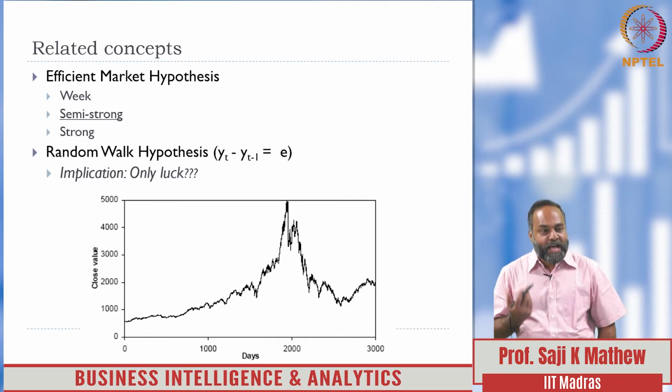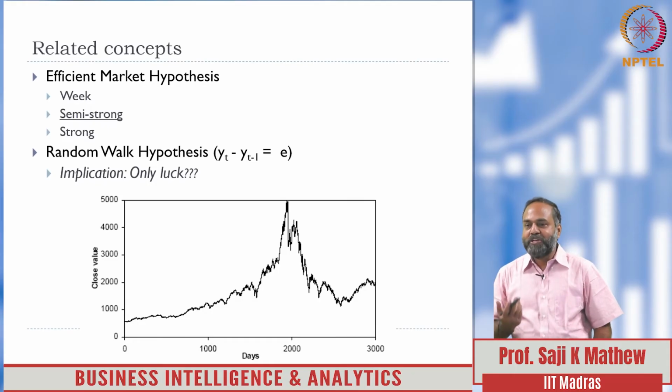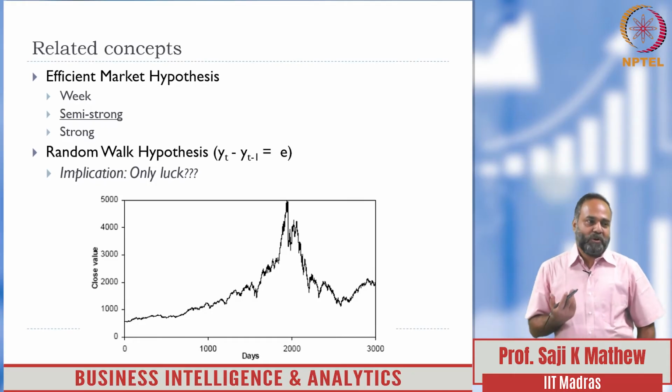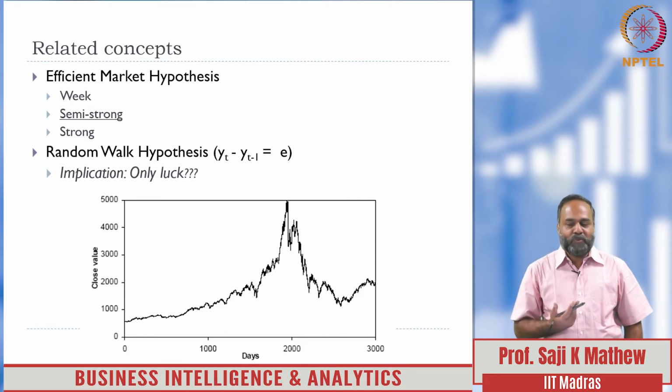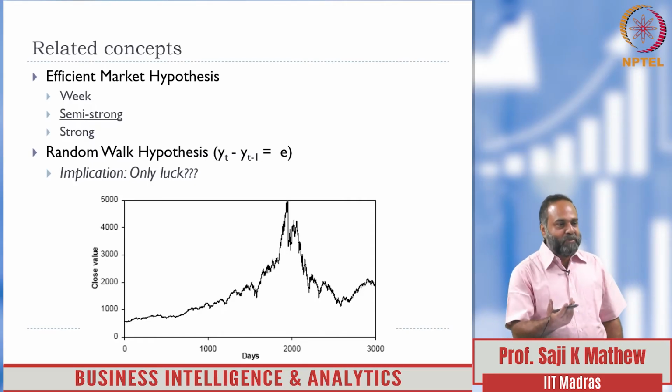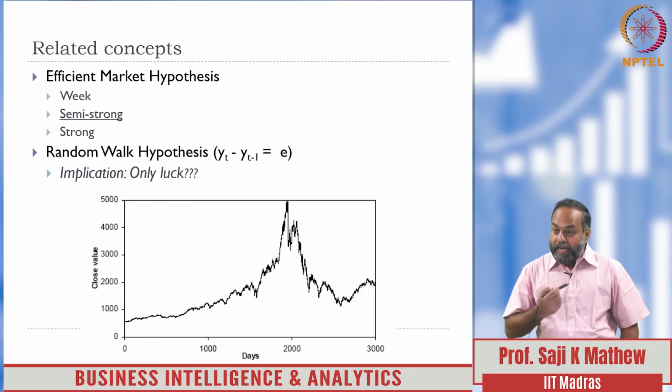In that case, there is no point in trying to model a stock market time series, because it is like a drunken man. Once you are drunk, where is your next step going to be? It's not something that you can predict.